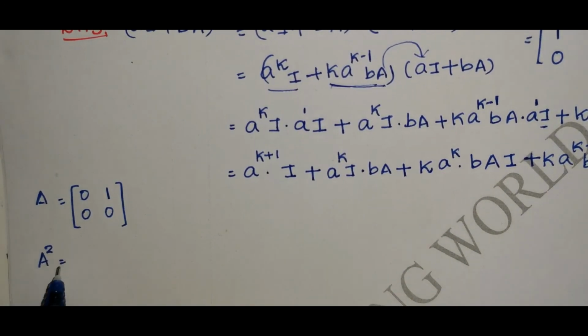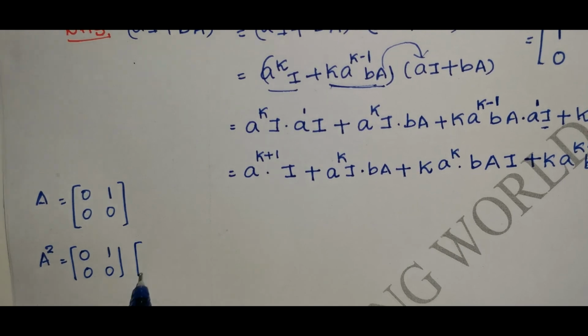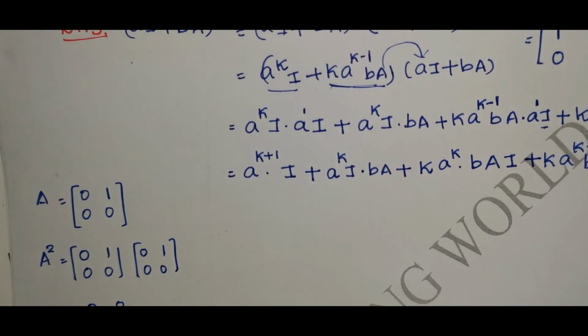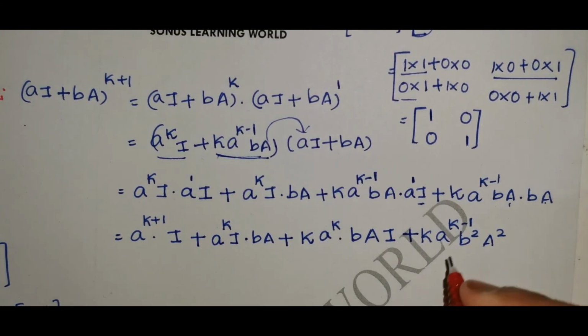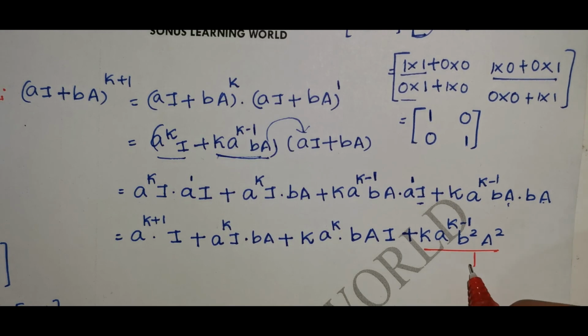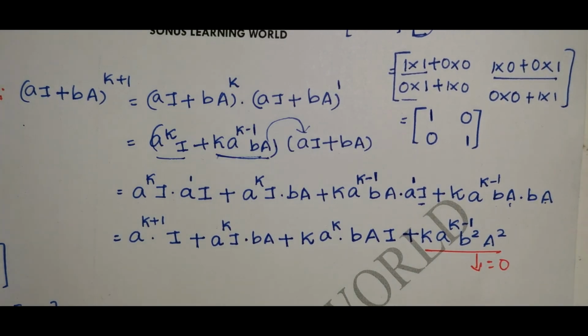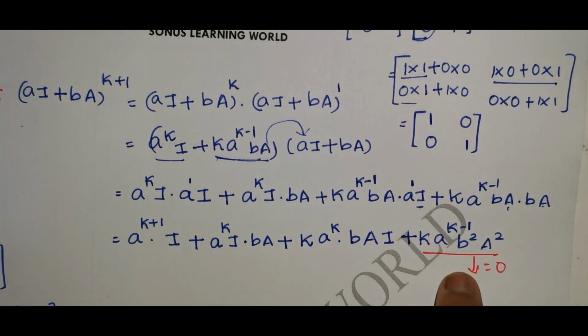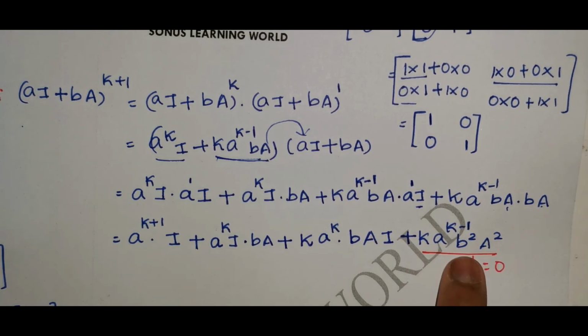So if you multiply A into A, [0 1; 0 0] into [0 1; 0 0], your answer is [0 0; 0 0]. You are getting a 0 matrix, which means that this full term is equal to 0 because there is an A square multiplied with the other term. So this full term is equal to 0.